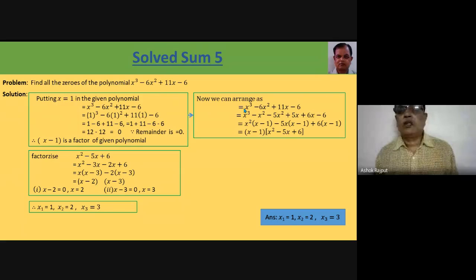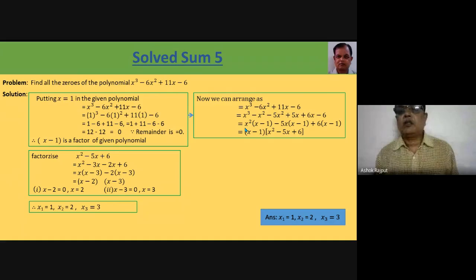So we have arranged the first term as x cube minus x square, because here is minus 6x square. We are seeing here minus 5x square is left. So we have written here, then we will write 5x. After that 6x is remaining, so we have written here 6x, then minus 6.